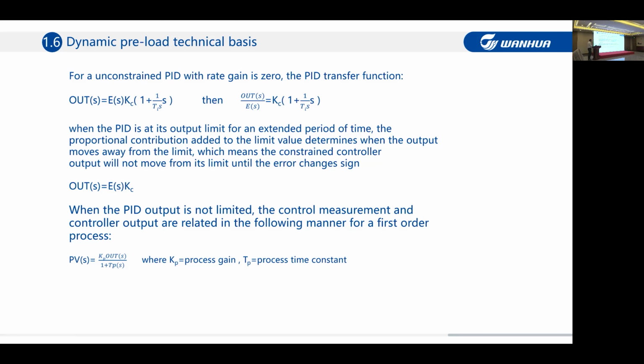KP is the process gain and TP is the process time constant. This formula calculates the PV based on the output.